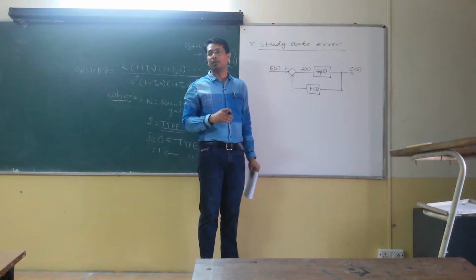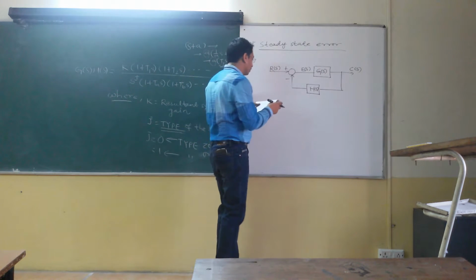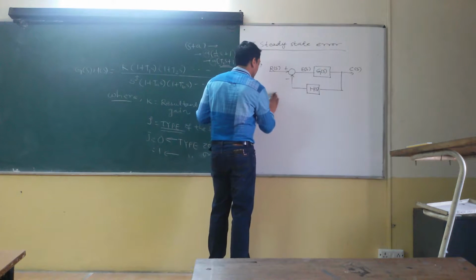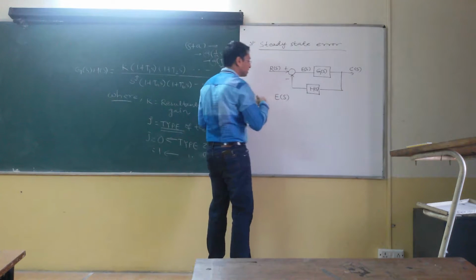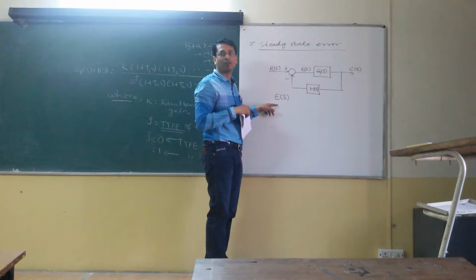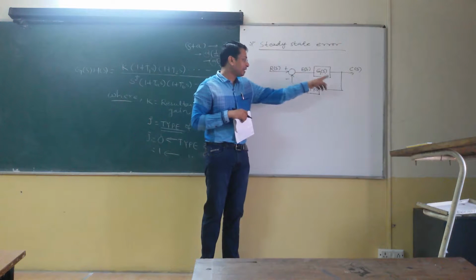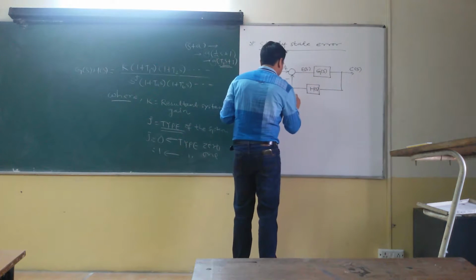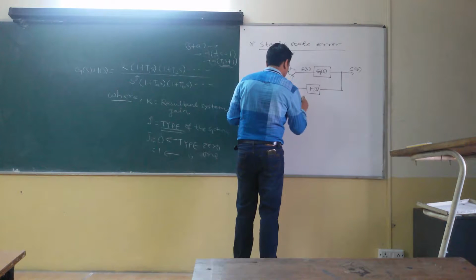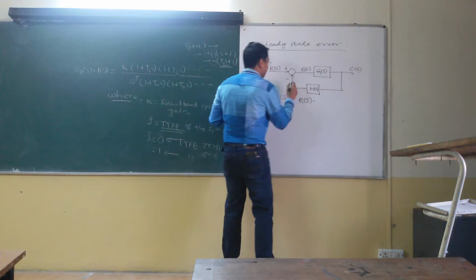Now we know the meaning of steady state. Correct? So you can write E(s), that is the transform of e(t), where e(t) is the error, and error is nothing but the difference between your reference signal and the output. So you can write this as R(s) minus B(s).